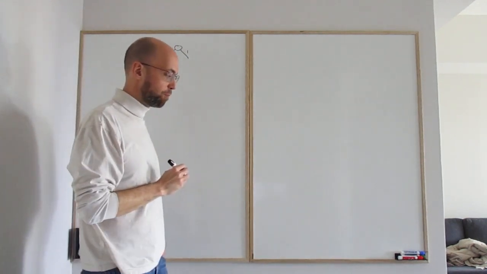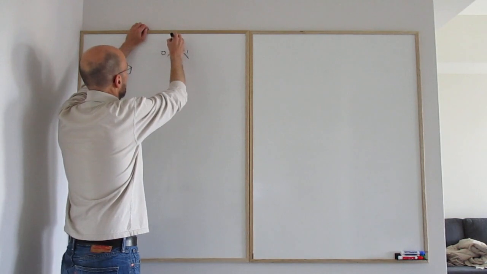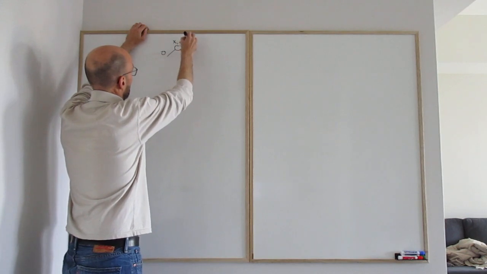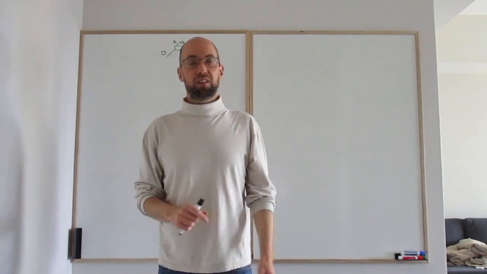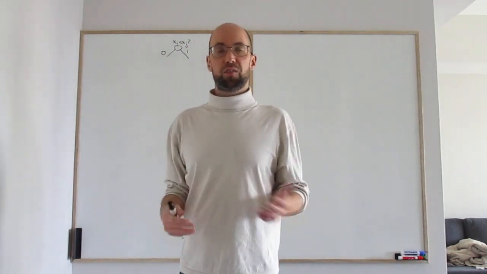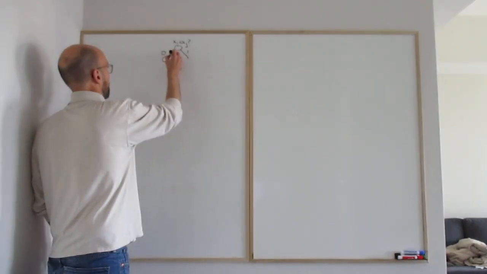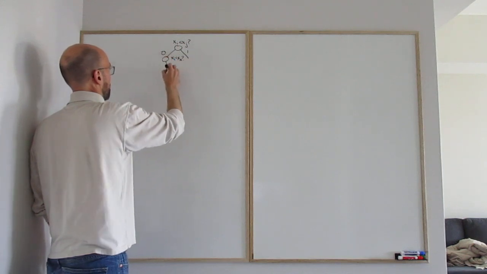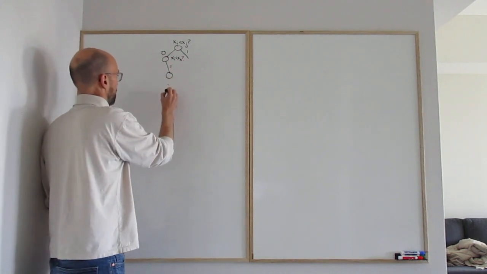Here you want to know: is xi less than xj? If it is, then you do something, and if it's not, then you do something else. Now you can say, is xi less than xk? And maybe it is.